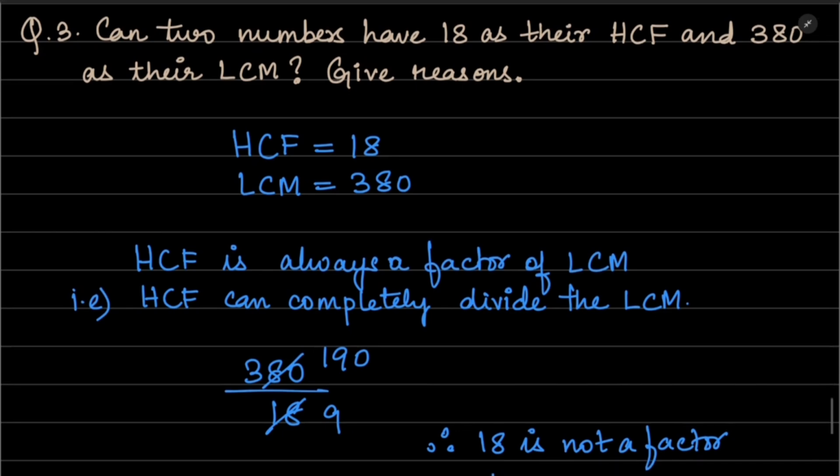You should know that HCF is always a factor of LCM. Or you can write that HCF should be able to completely divide LCM perfectly. The meaning of both statements is exactly the same. You can just learn and understand any one of them.